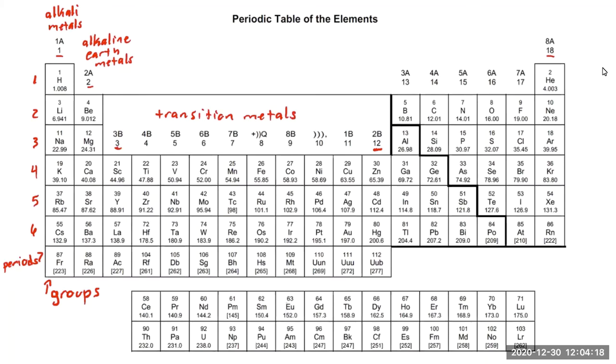And then we kind of jump across to group 17. Group 17 is also known as the halogens. And then group 18, the last column, is known as the noble gases. And the little cutout, the ones you see on the bottom here, these are known as the inner transition metals.